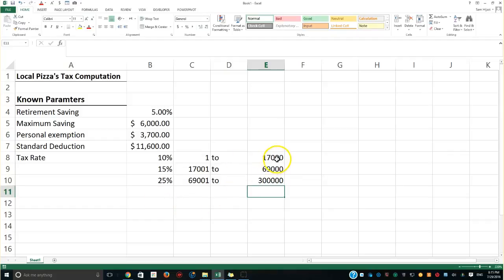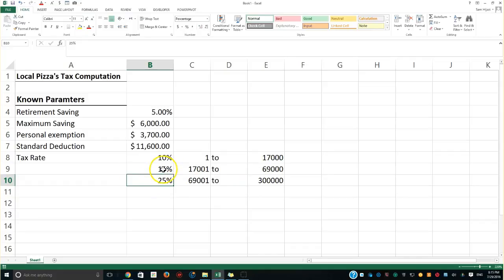So if they made $100,000, the first $17,000 is taxed at 10%. Then we take away the $17,000 and see how much of the rest is between 17 and 69, and that amount is taxed at 15%. And anything higher than $69,000 is taxed at 25%.